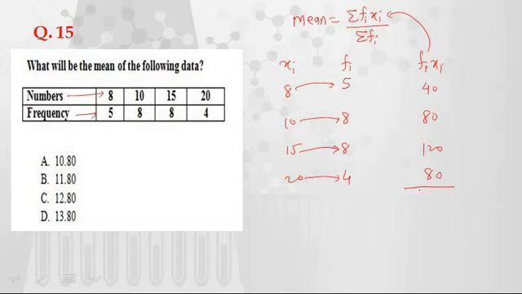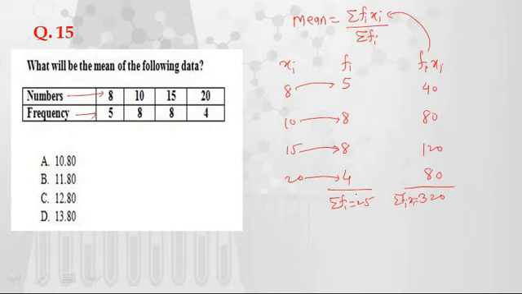If we add this, we will get 320. The addition of this column, summation fi, is equal to 25, and this is summation fi xi.